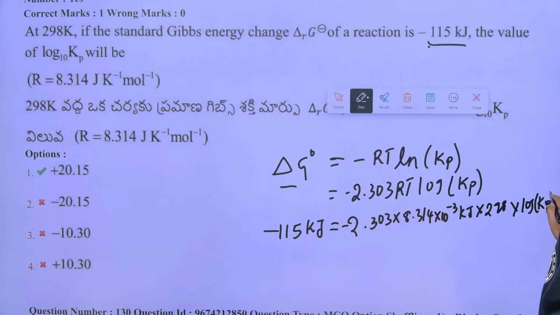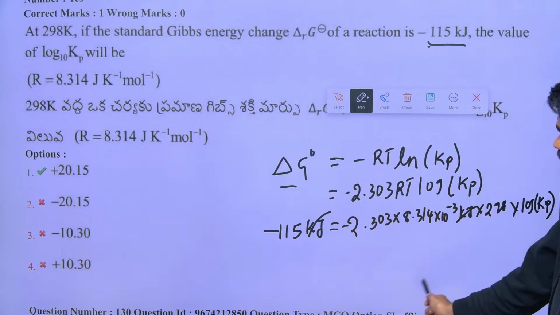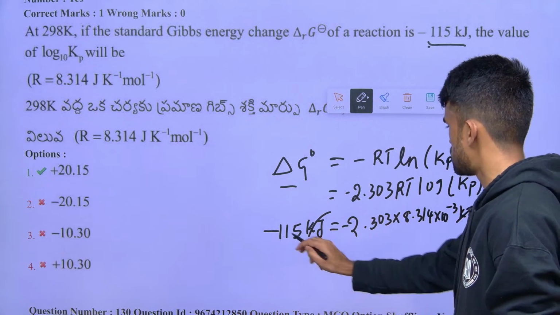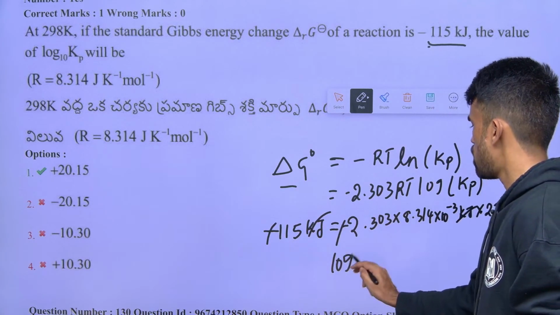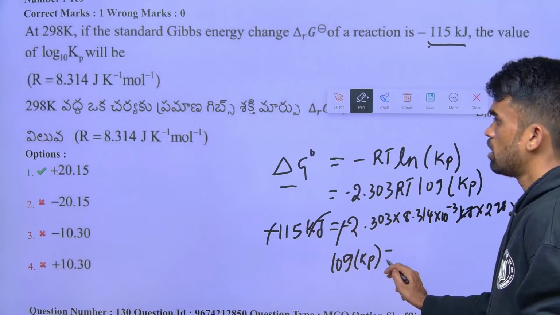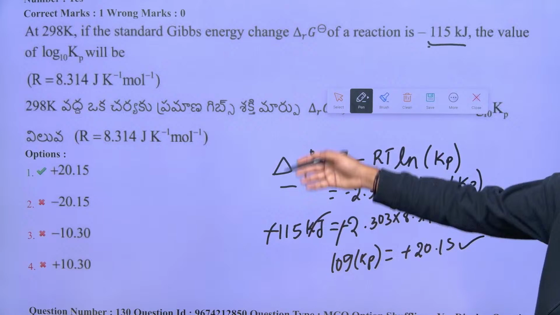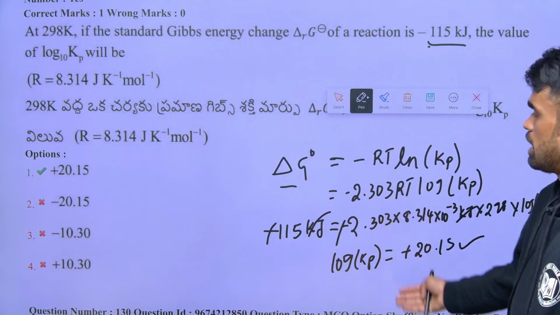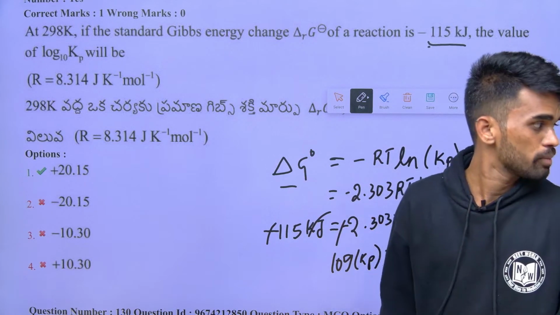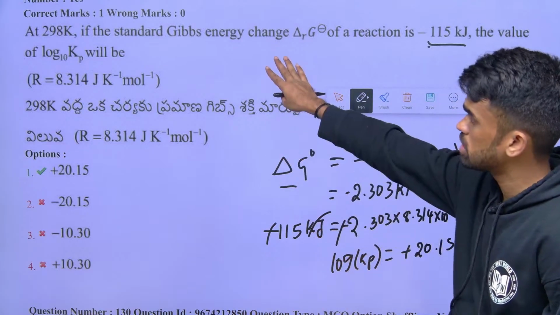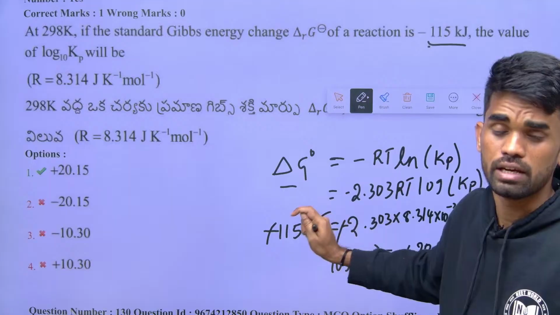You can simplify this, the minus gets cancelled, and you will get log Kp value around plus 20.15. So this is your final answer, which is option number 1. I have already simplified it, so I am giving the direct answer. Hope it is clear how we are using the formula and substituting here.